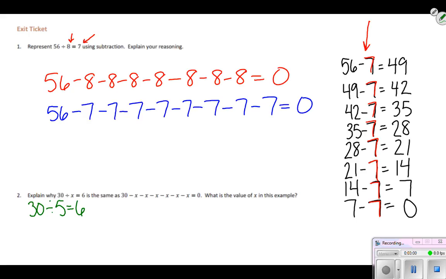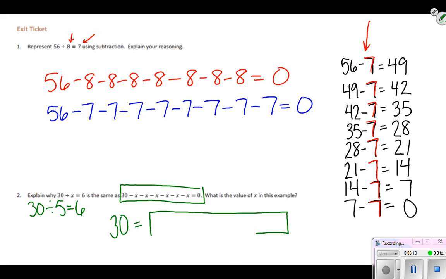So if I'm looking at it that way, when I see this problem, I'm going to say 30, and I'm going to make a visual like what we did in class with the blocks. If I have 30 and I'm breaking it up into each of these x's, and I believe there are 1, 2, 3, 4, 5, 6 of them, I break this up into 6 equal parts.